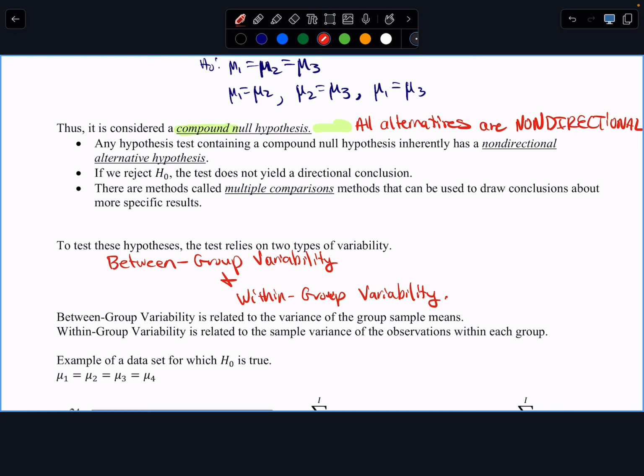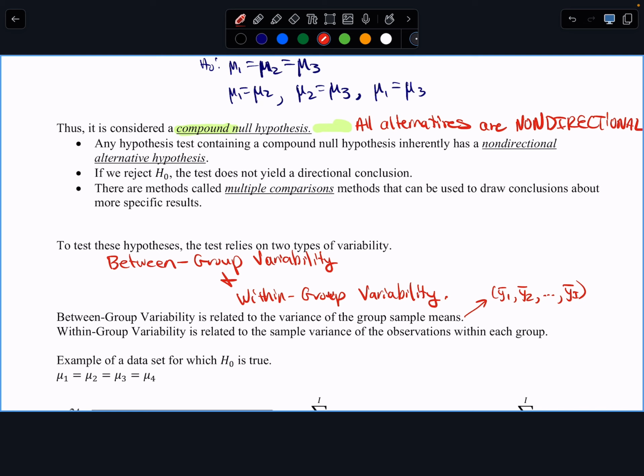So I'm going to go to all of my sample means, y bar 1, y bar 2, y bar I, and look at how spread out those group means are. That gives me a measure of the between group variability. If one of those means is much different than the other, then that variance is going to be high, and I have evidence against my null hypothesis.